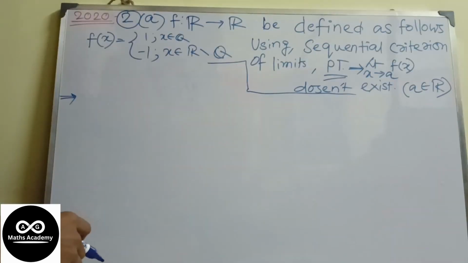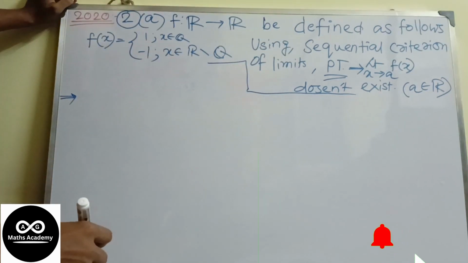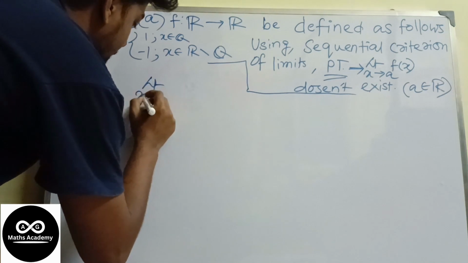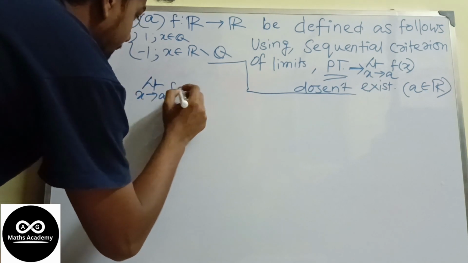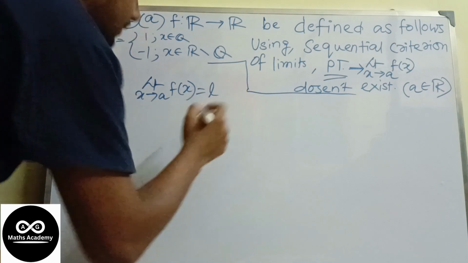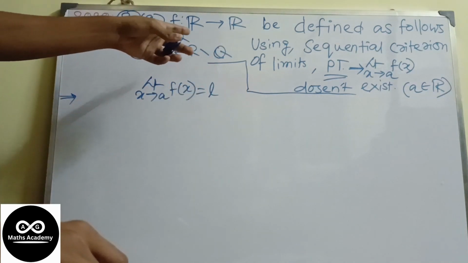Okay, we're going to talk about the sequential criterion of limits. So let's say this limit, if x tends to A, is equal to, let's say, a number L, which is a real number.